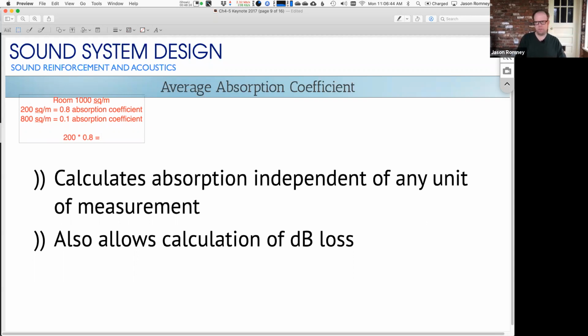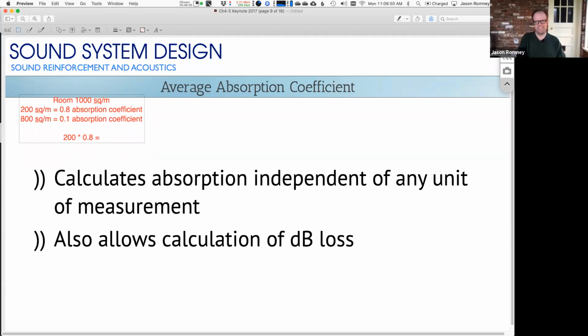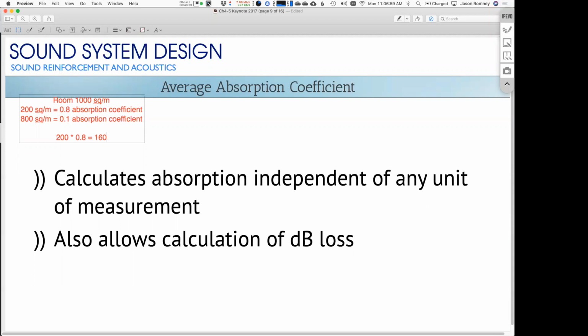Anybody do that math? 80? Wait, no, one. Damn it, I tried to do it in my head. It didn't work well. Should be 200 times 0.8, 160. Yeah, 160. So 160 square meters of perfect absorption.